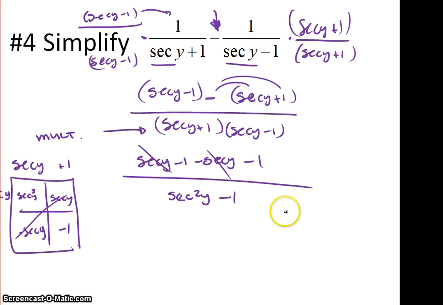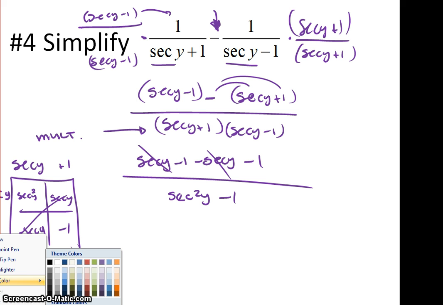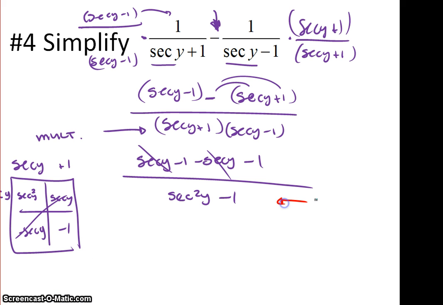Secant squared minus 1, you should notice, is one of the Pythagorean identities. If you look at the Pythagorean identities on page 350, you look for the one that has the secant squared in it, and you see that 1 plus tangent squared u is secant squared u.